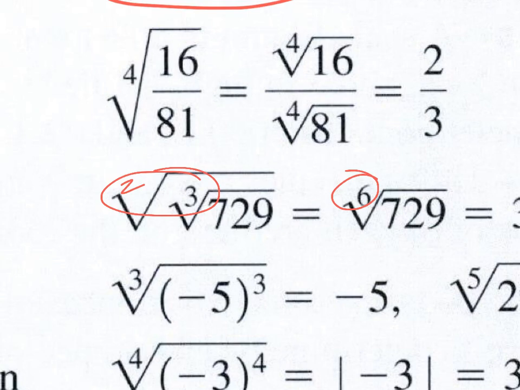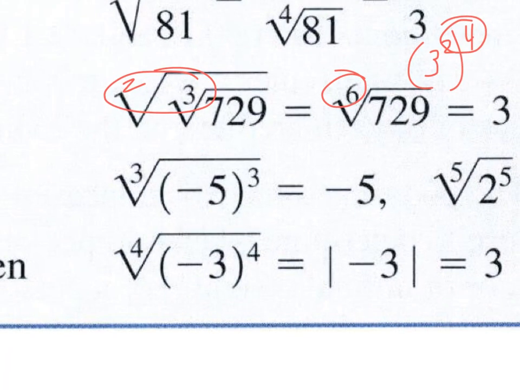So what did they do with the 2 and the 3? Multiplied it. Just like if I had 3 to the 2nd power times to the 4th power, what would you do with these two? You'd multiply them. Same thing. What happens when you have a square root squared, or a cube root cubed, or 4th root to the 4th? They cancel out. Okay?